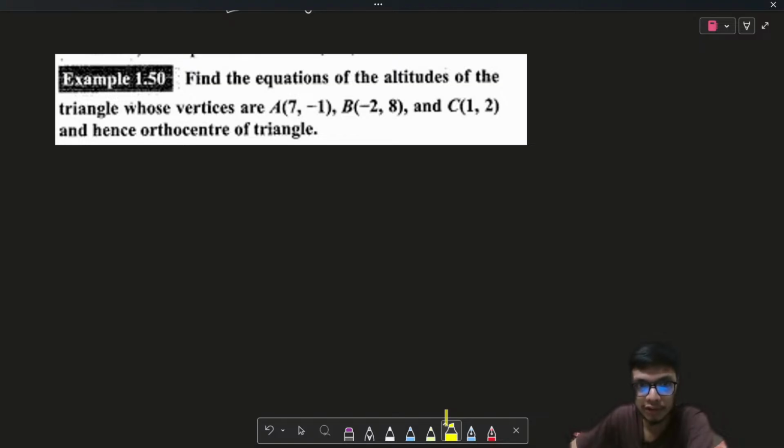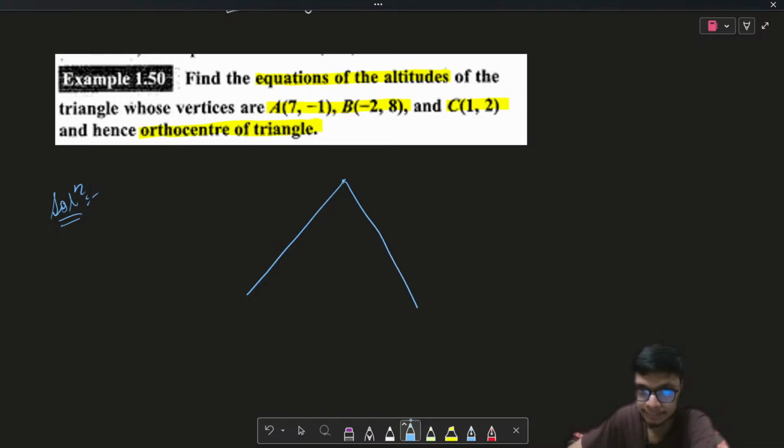In this question, you first have to formulate the equations of the altitudes of the triangle whose vertices are given as A, B, and C. Finally, we have to find the orthocenter. So how do we solve this problem? It is quite a simple problem. Let us first draw the triangle.